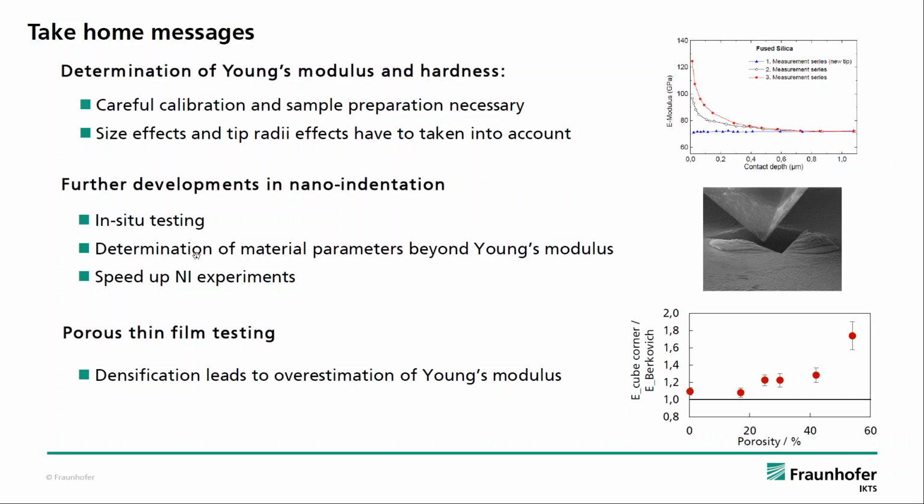Further developments: in situ testing, it's really a big thing these days. Determination of material parameters beyond Young's modulus, also very important, and very high-speed nanoindentation experiments. And on porous thin film testing, you have to take care of the densification. You can get an overestimation of the Young's modulus.